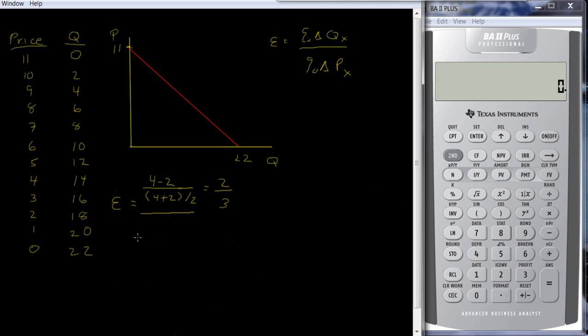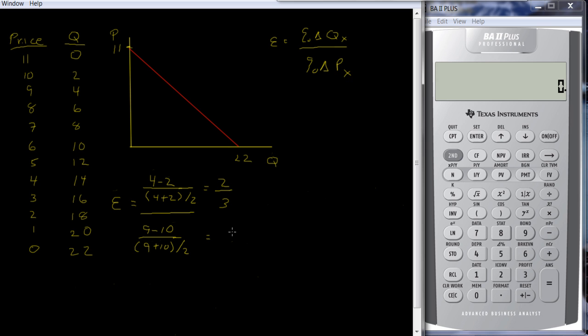How about for the denominator? The percentage change in price is going to be 9 minus 10, and we're also going to take the midpoint. So this is going to be 9 plus 10 divided by 2.